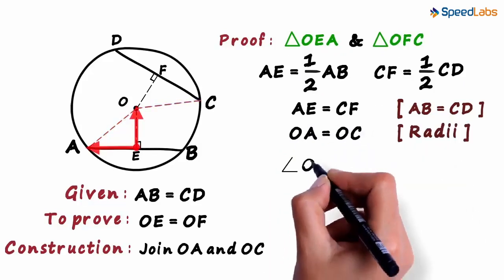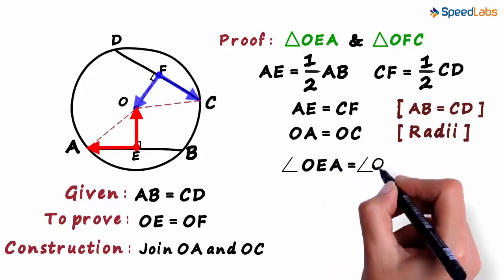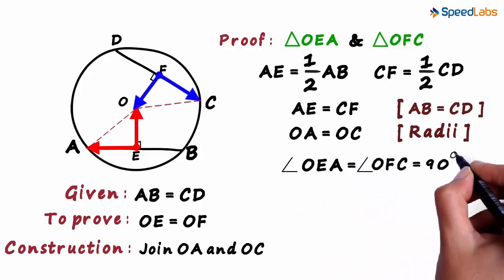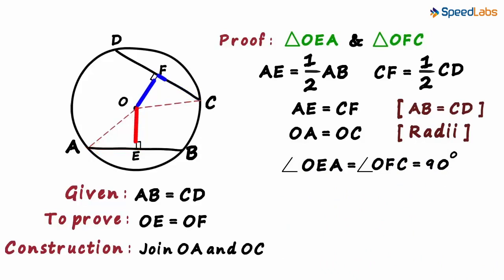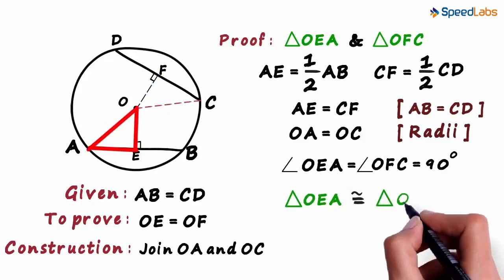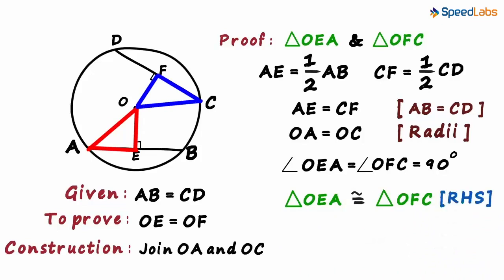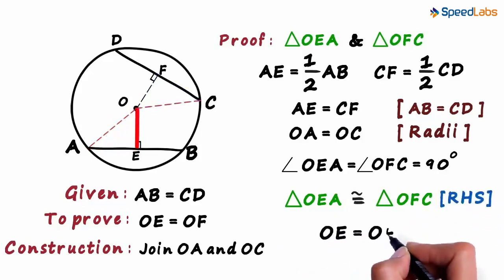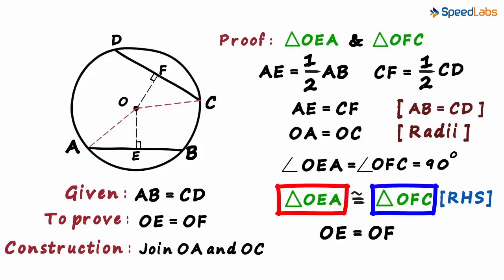Angle OEA is equal to angle OFC and both equal 90 degrees. In two right triangles, the hypotenuse and one side are respectively equal. Triangle OEA is congruent to triangle OFC by the RHS congruence condition. OE will be equal to OF as they are the corresponding sides of congruent triangles.